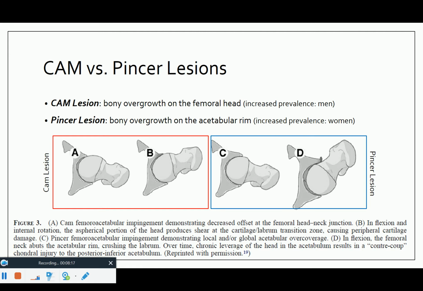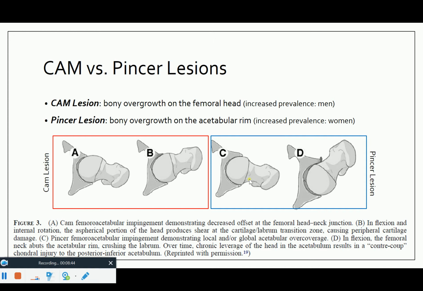Now, typically a CAM lesion presents at the neck of the femur, and you can see that in this schematic, how the head of the femur, especially near the neck, has a little extra widening compared to the one in the pincer lesion, where it's a nice smooth contoured shape.